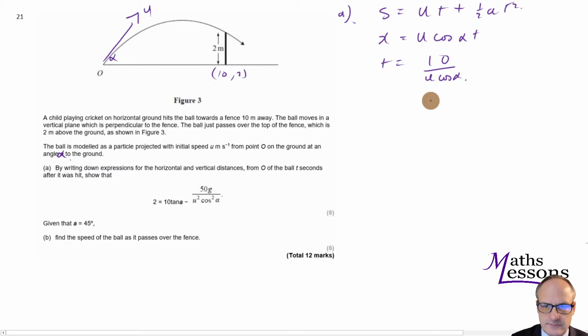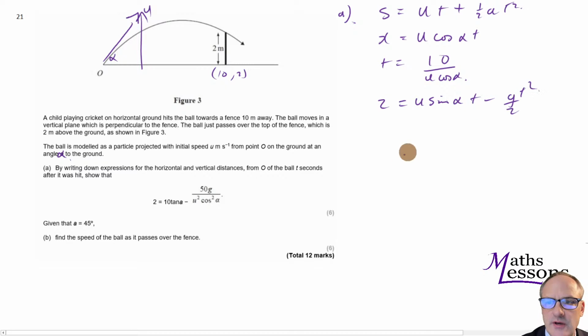Then for the y part, the y component is u sine alpha t minus g over 2 t squared. Now we know the y value is equal to 2, so rather than write out the equation again, I'm going to chuck the 2 straight into it. So we've got u sine alpha t minus g over 2 t squared.